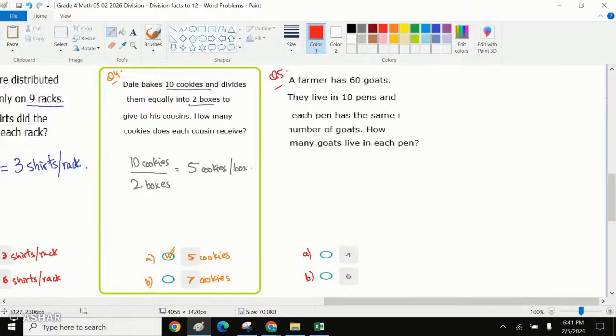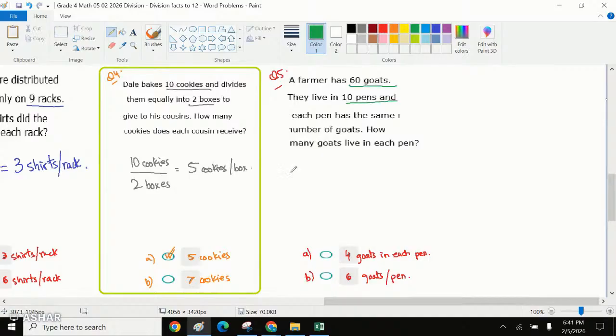Option A and B. So do we have 4 goats in each pen? Or we have 6 goats per pen? Option B. Let's confirm. Baruch and May, I'll just confirm.